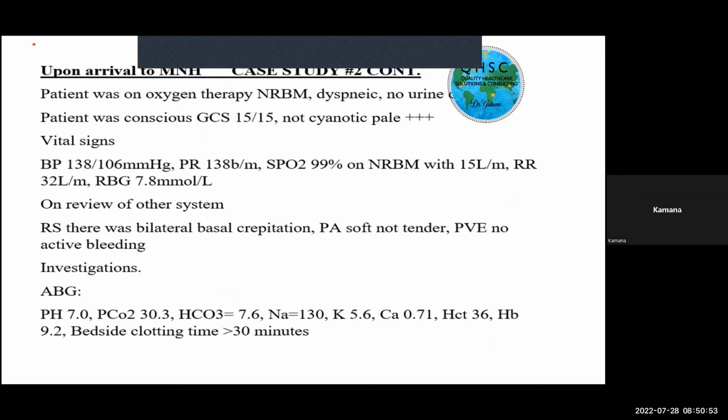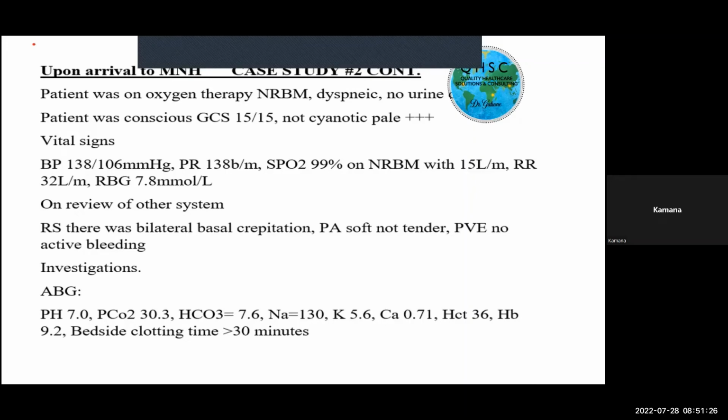One in the referral hospital before transfer. The other one during the way to Muhimbili National Hospital. Upon arrival at Muhimbili National Hospital, the bleeding had stopped. Breathing with non-rebreather face mask.